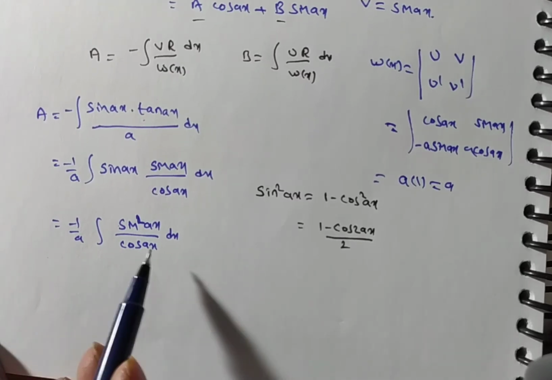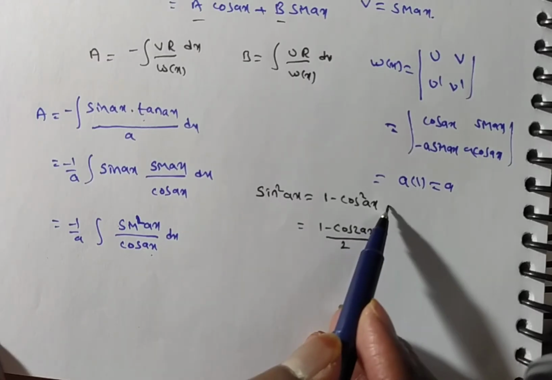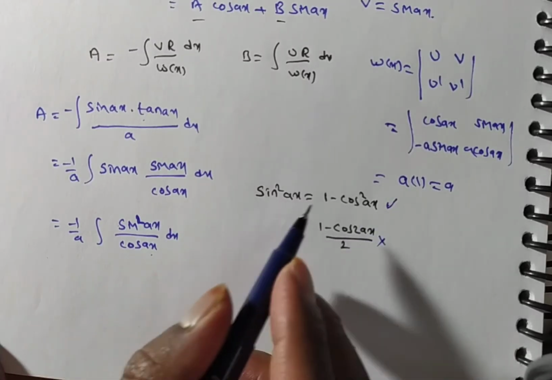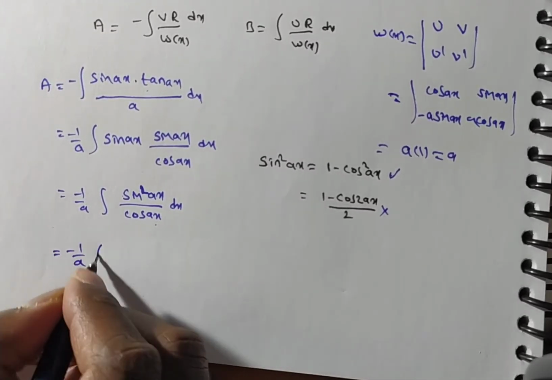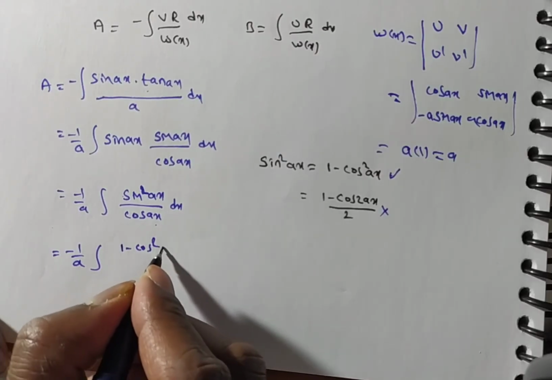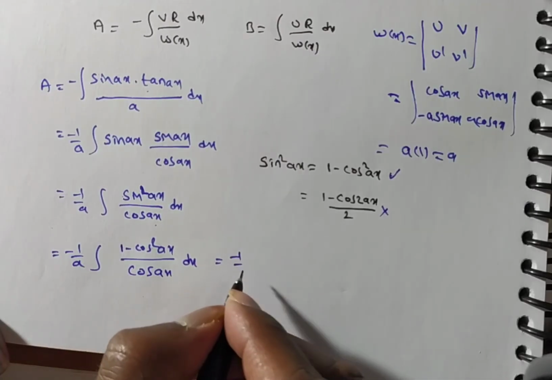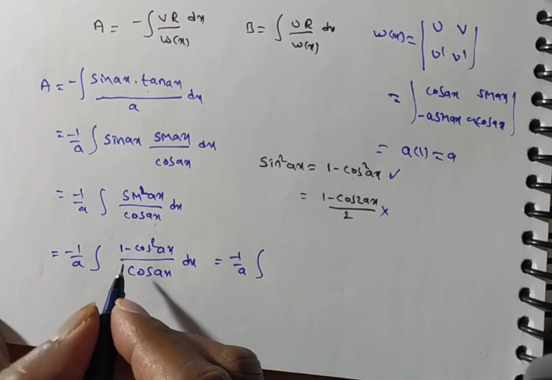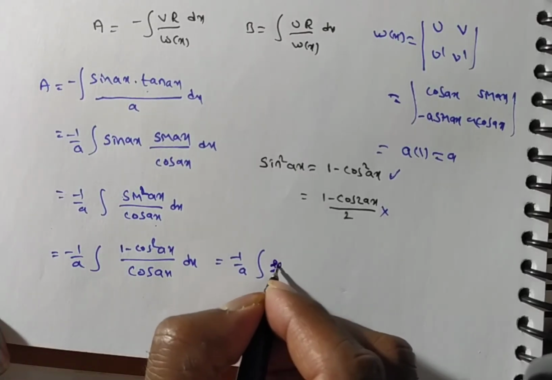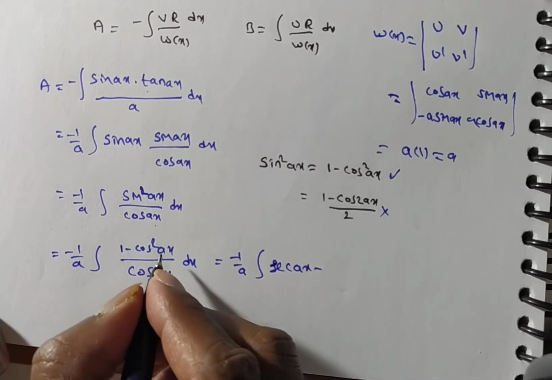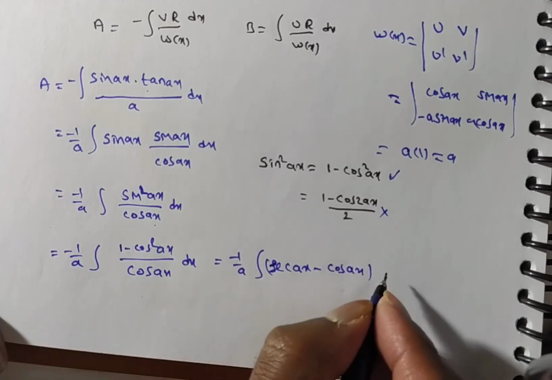The denominator is cos ax, and the second one has cos 2ax, so we cannot simplify with it. So we take the first one, because the numerator and denominator will cancel. So this is minus 1 by a integral of 1 minus cos square ax by cos ax dx. This is minus 1 by a times of, a minus b by c means a by c minus b by c, so 1 by cos is secant ax minus, cos square and cos cancel, so one cos remains: cos ax dx.